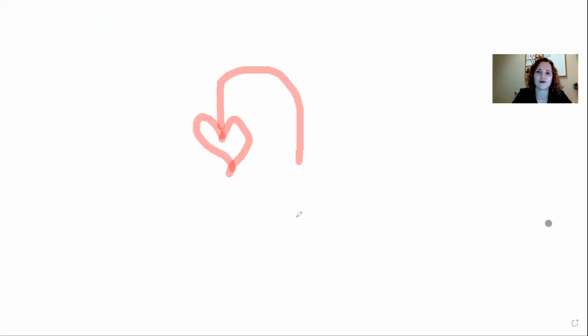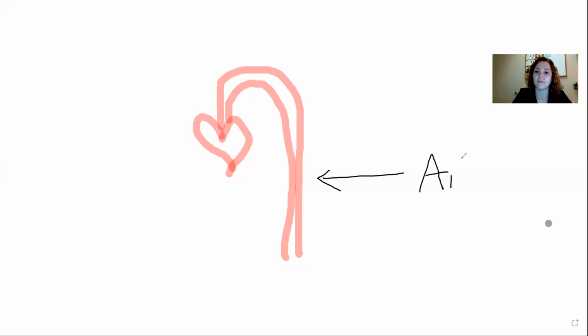And then off of your heart is the aorta. So the most common area for an aneurysm is kind of in the middle at the abdomen, AAA. The most common area for a dissection is up top at the arch.